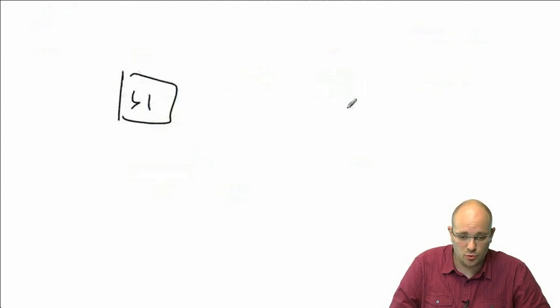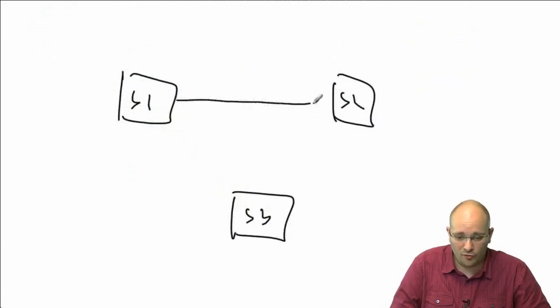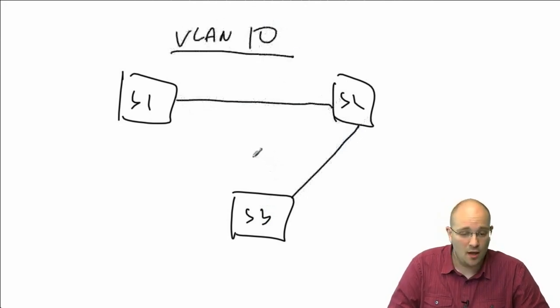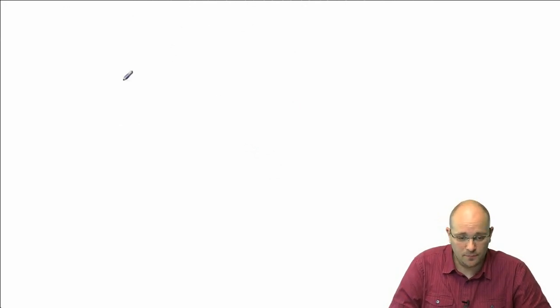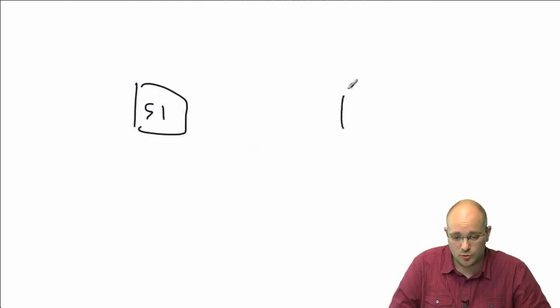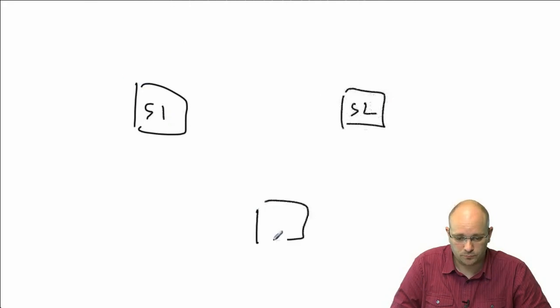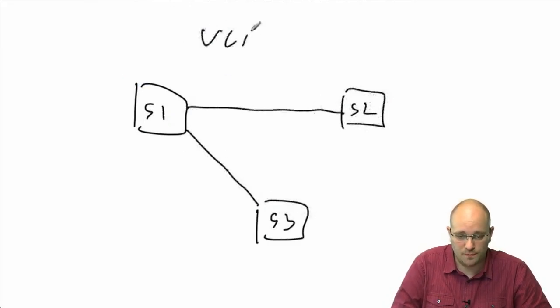So we have switch 1, switch 2, and switch 3. For VLAN 10, this would be a logical topology. For VLAN 20, what we are going to end up having, with switch 1 being the root, this would be a logical topology.